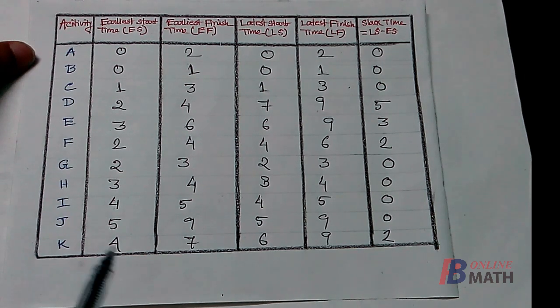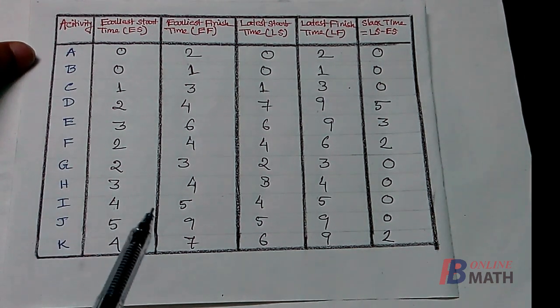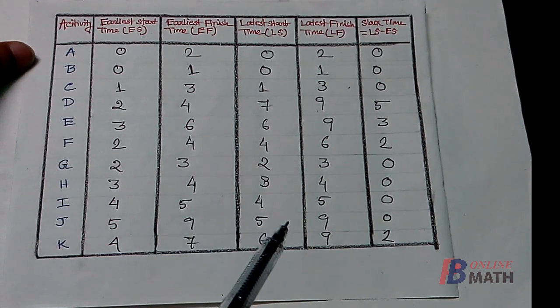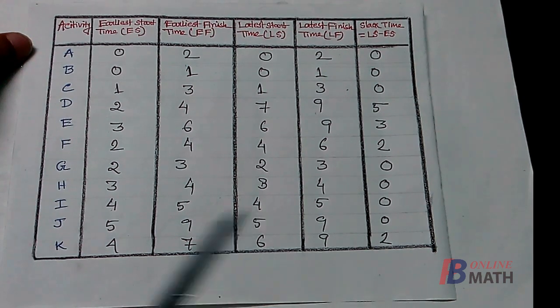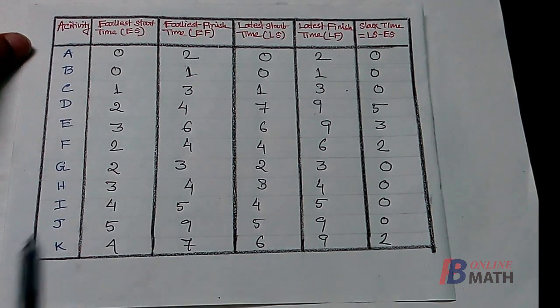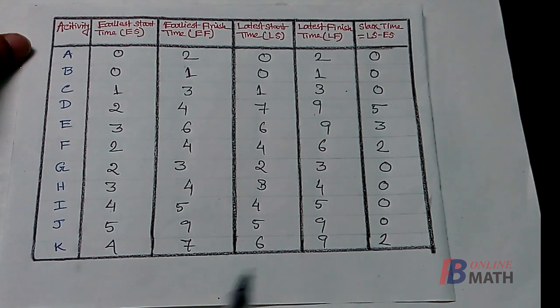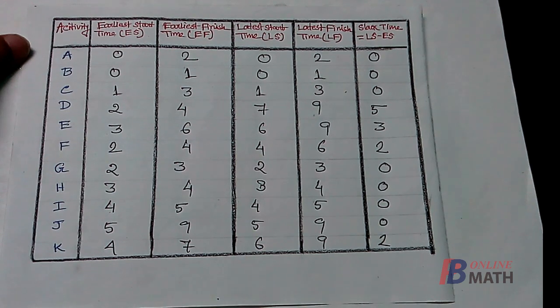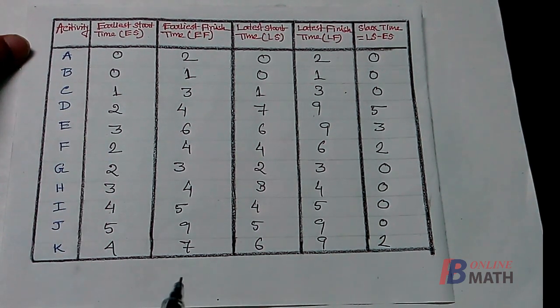Here we have represented the earliest start time, earliest finish time, latest start time and the latest finish time, also the slack times for all the activities by a table. Now instead of constructing this table, we can find all this data from the project network, but here from this table we can also find the critical activities. Here we find that the critical activities are those activities with the 0 slack times.